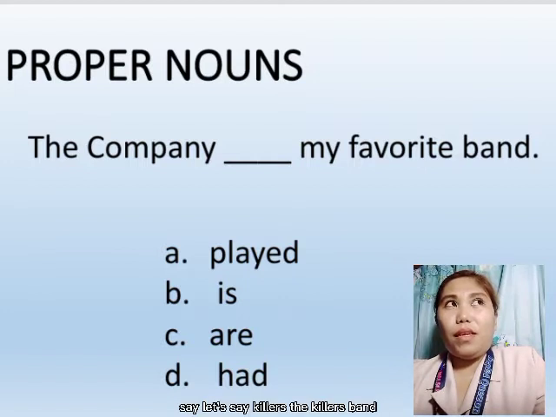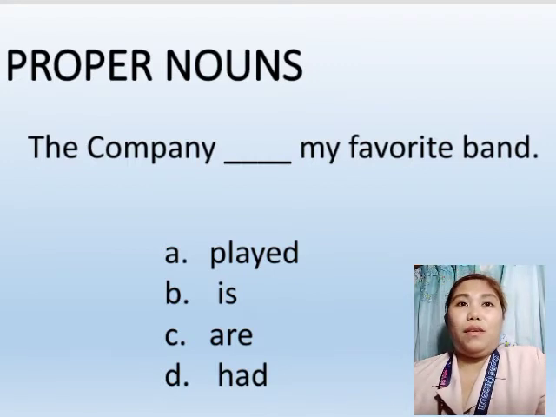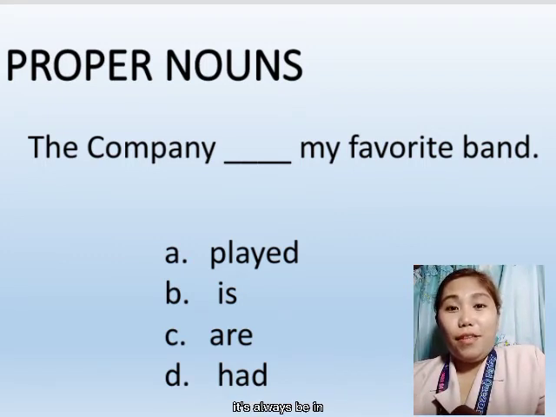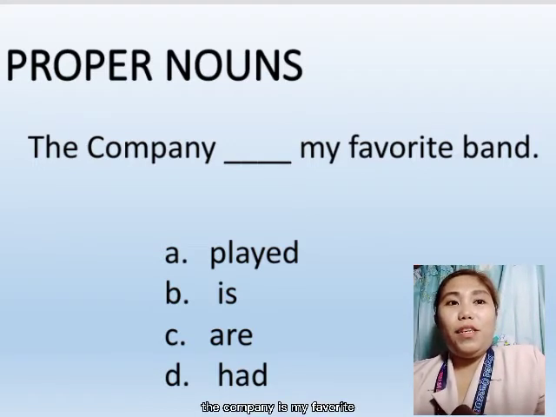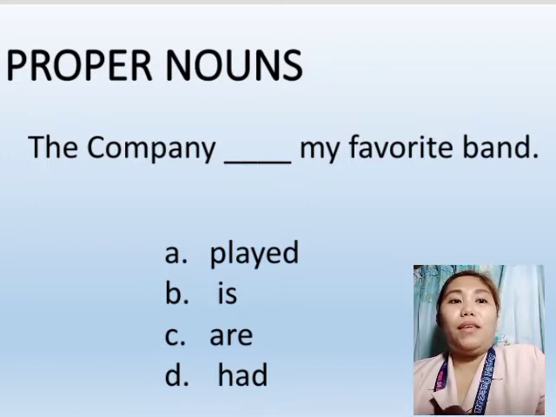Let's say the Killers, the band. They always have S because it's their name. But remember that if it is a proper noun, it is always singular. So, the company is my favorite band. You are right. The answer is letter B.